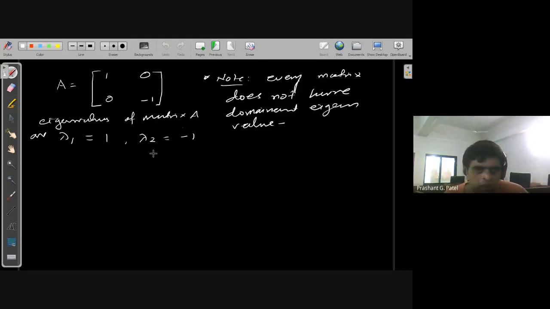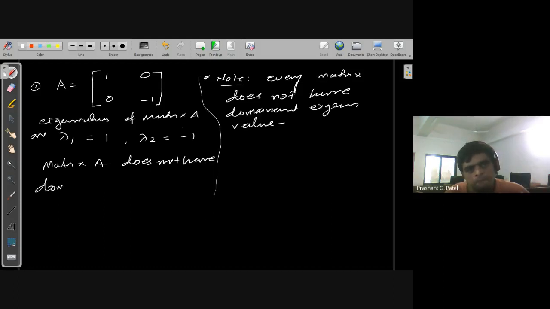So that's why this matrix A does not have a dominant eigenvalue.